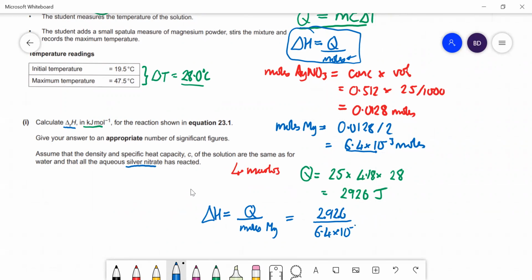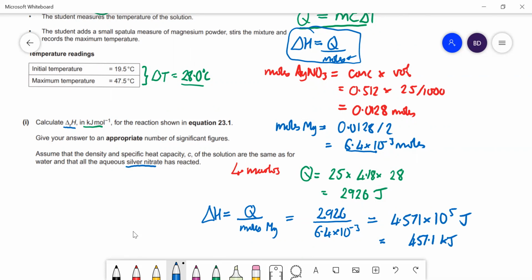And that is equal to 4.57 times 10 to the 5 joules. Now we need to divide by 1,000 to give us kilojoules, which is equal to 457.1 kilojoules.